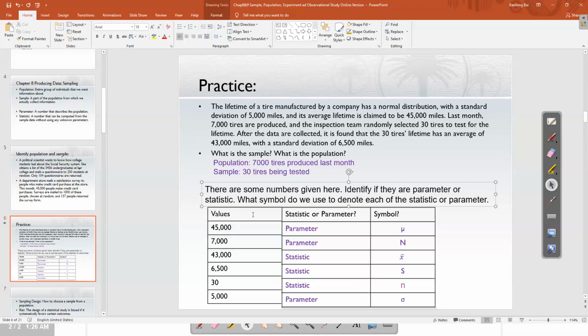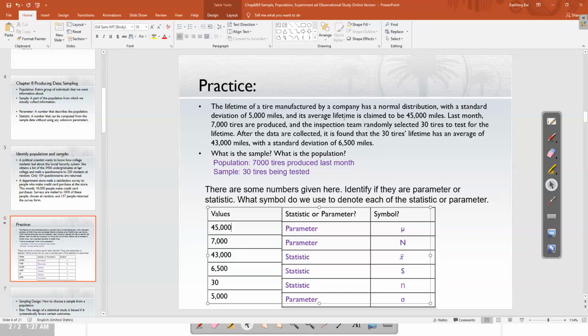So for example, if we go through the list, 45,000, is that a parameter or a statistic? So how do I tell? A parameter is a number that describes the population, while a statistic is a number that describes the sample, right? So in this case, is 45,000 describing a sample or a population?